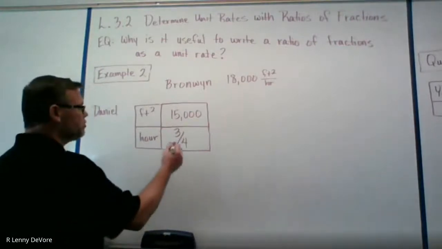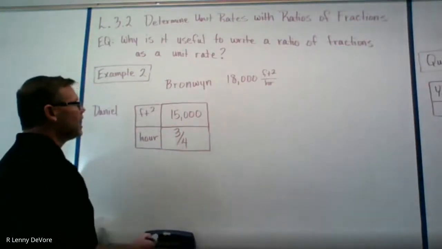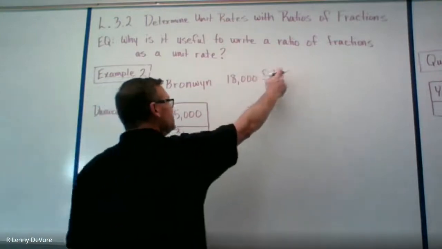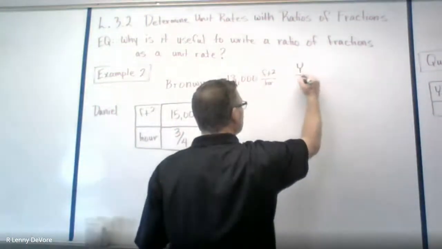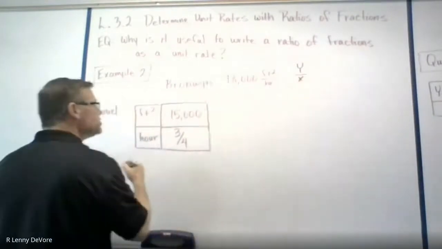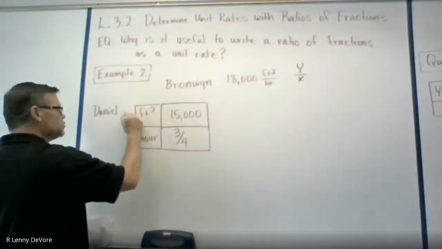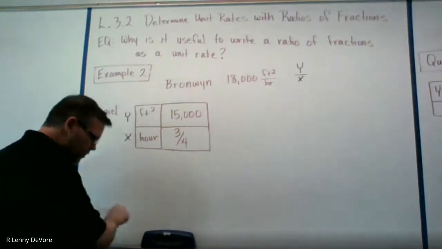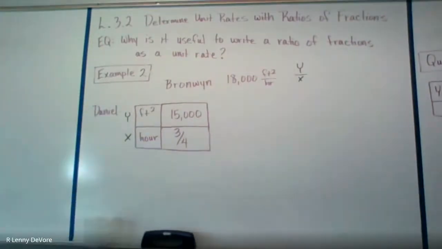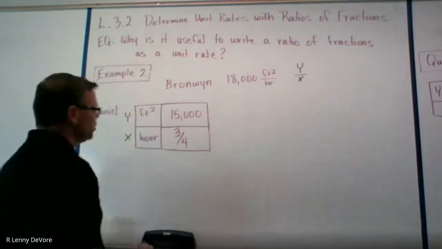Okay, so the first thing we want to do is realize that this is feet squared per hour. This is still y over x. In other words, if I look over here, this is y and this is x. Okay, so the one is still dependent on the other. So here's what we're looking at.